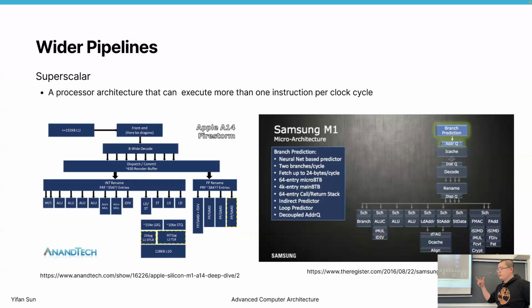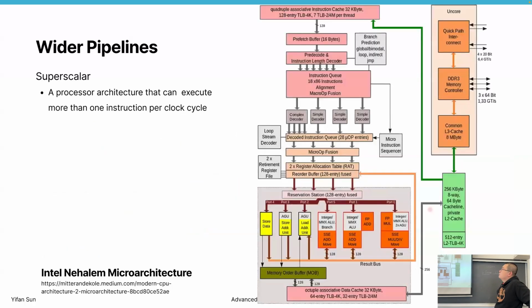So three operands: A multiplied by B plus C, and complete in one cycle time. Okay, so these are the M1. So unless you're designing a toy example, a super small example, you're going to design something that is superscalar.